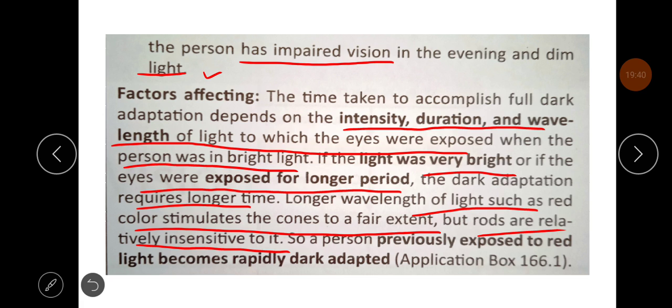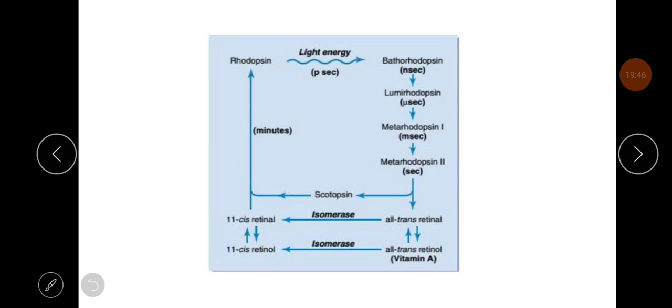So, the person previously exposed to red light becomes rapidly dark adapted. This is how, when the person is in bright light, suddenly the rhodopsin is broken down, and the time required for resynthesis of rhodopsin is actually the time taken for the dark adaptation.